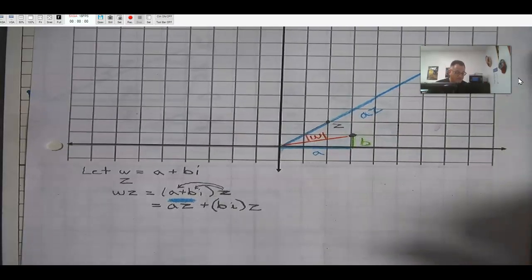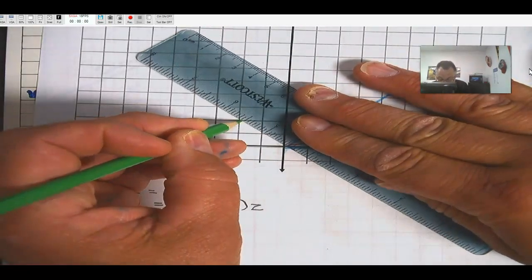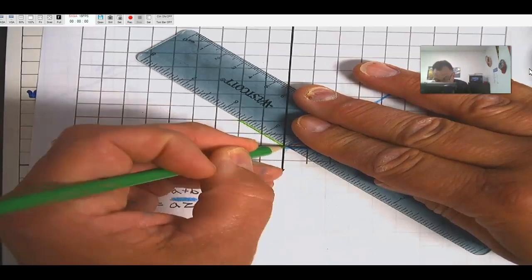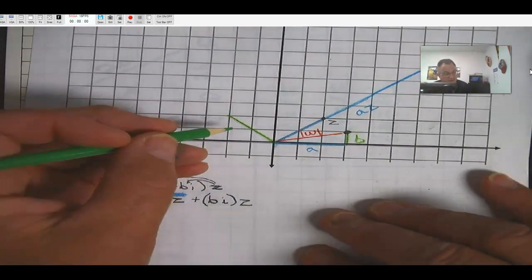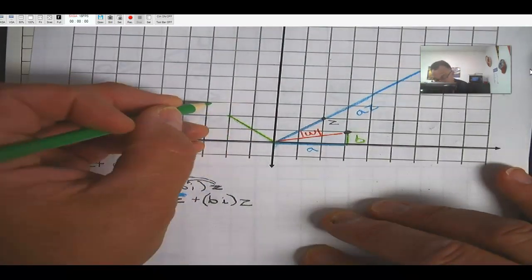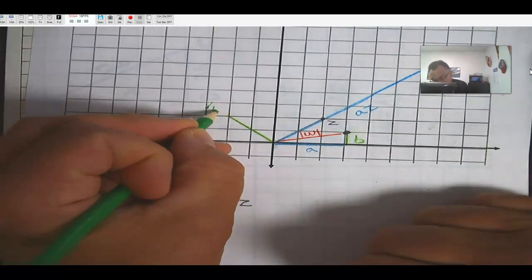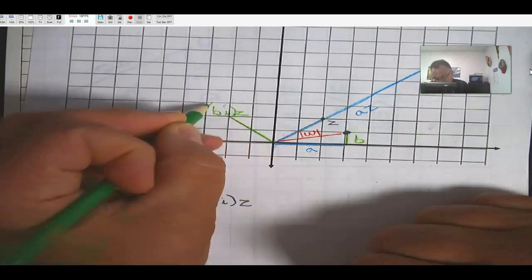And I'm going to use the same color that I used for B. So this is going to be BZ. So I'm going to label this BI times Z.